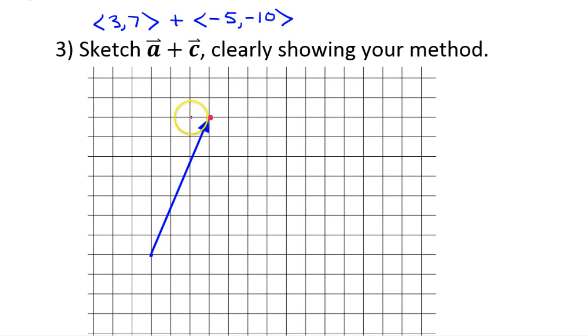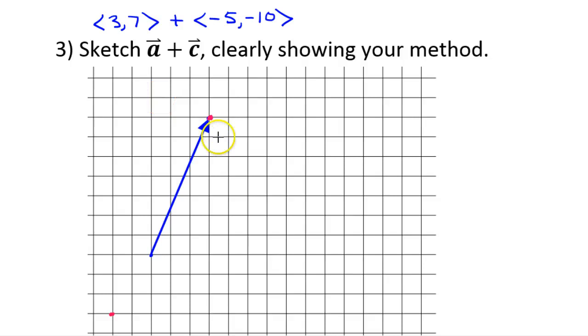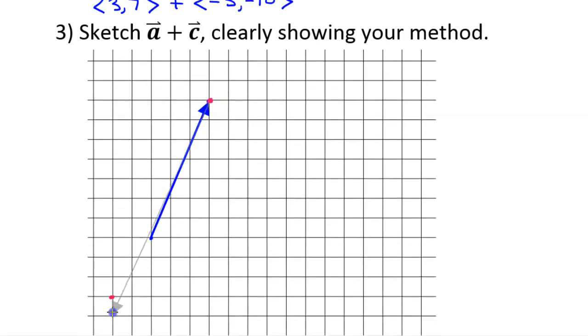So left 5, 1, 2, 3, 4, 5, down 10: 1, 2, 3, 4, 5, 6, 7, 8, 9, 10. So this will be the terminal point of C. So now I will draw vector C from the initial point to the terminal point.